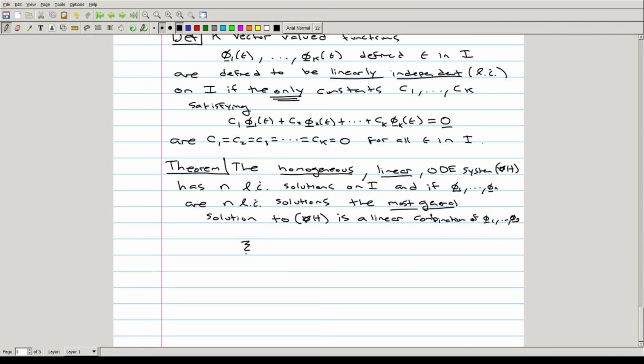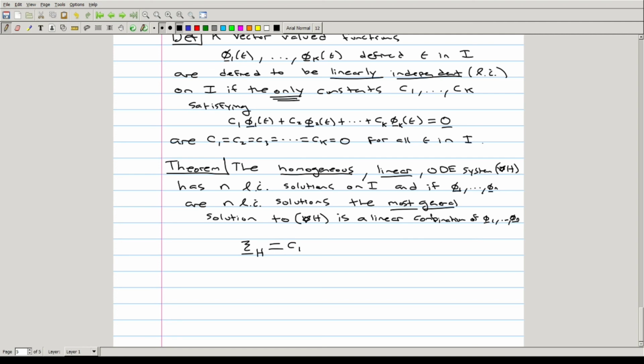So this psi h of t, and I'm going to omit the dependence on t here, but it's understood that if we're solving our ODE system, this is going to be a function of our independent variable t.